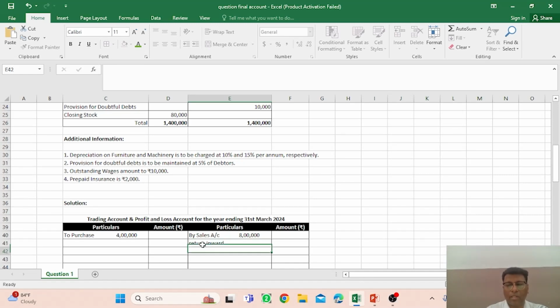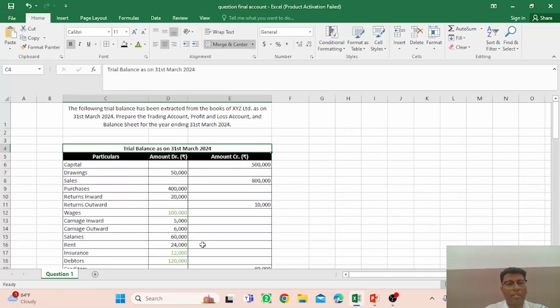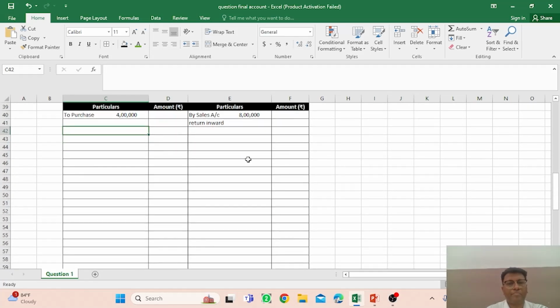Okay, just check it. Return inward 20,000. Okay, and you find the amount 7 lakh 80,000.